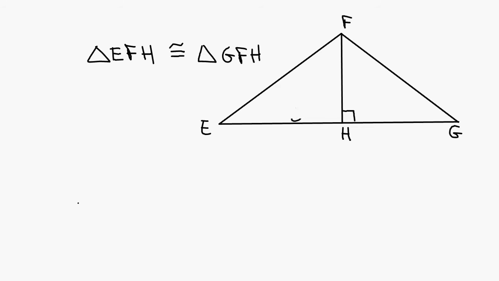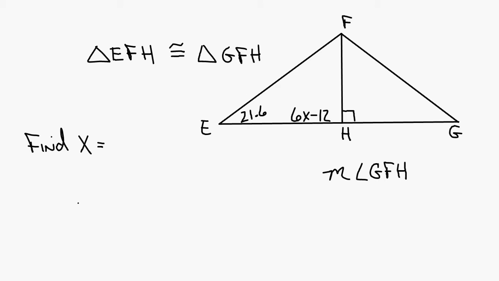Six x minus 12 is this angle. Angle E is 21.6. You're asked to find the value of x, or what x is equal to, and then the measure of angle GFH.